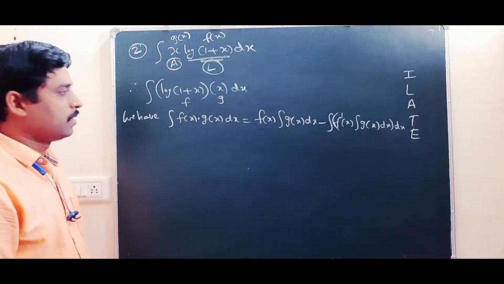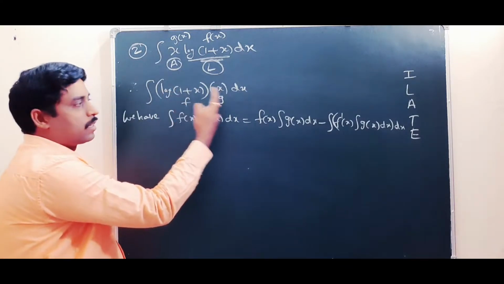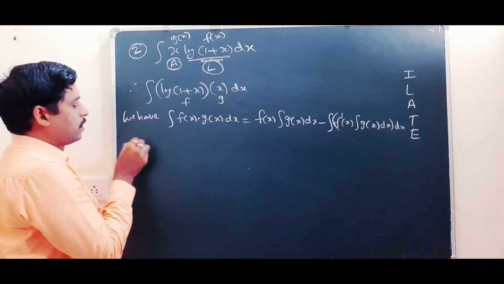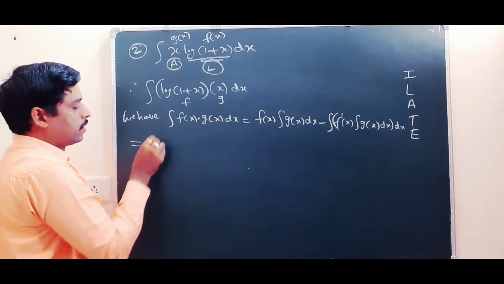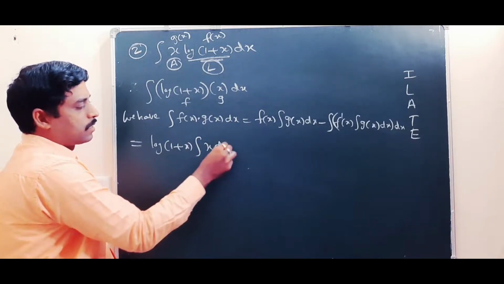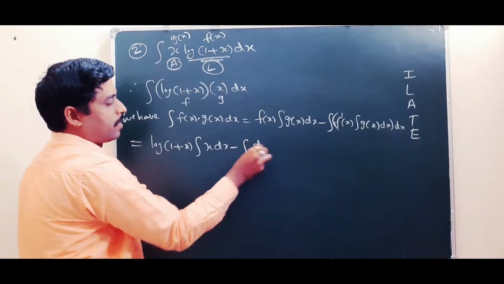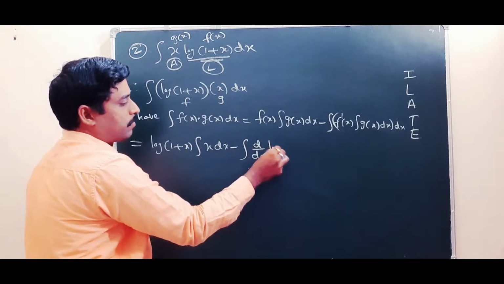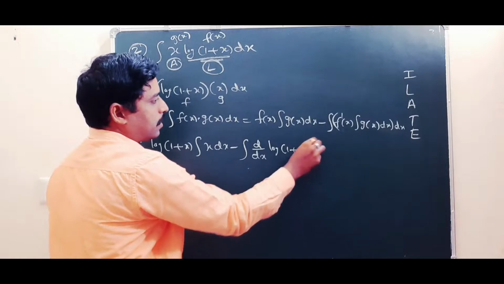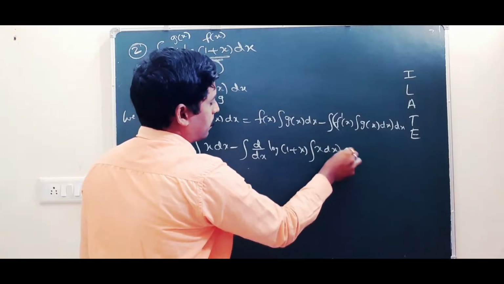In this formula, substituting the f of x expression log 1 plus x and the g of x expression x, it will be f of x, log 1 plus x, into integral x dx minus the differentiation of the first function, d by dx of log 1 plus x, into integration of g of x, value x dx, whole dx.